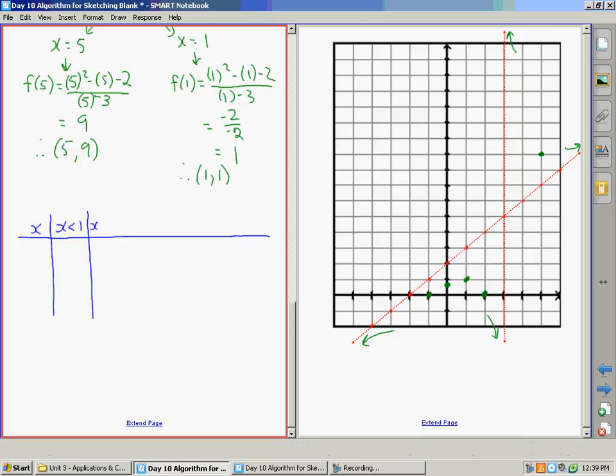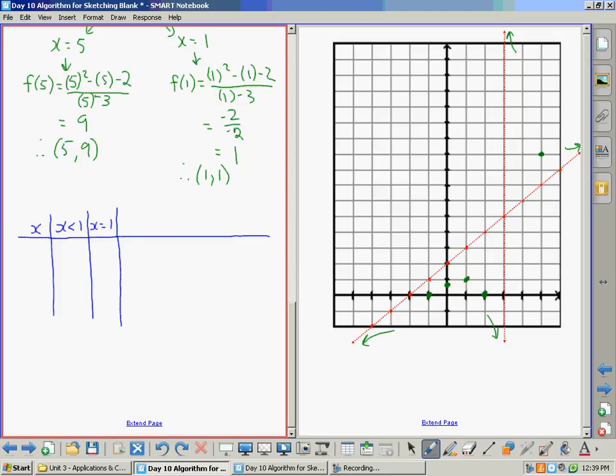And then I actually hit 1. And then I have that spot in the middle that goes from 1, which is the first critical point, to the next critical point at 5. So it's 1 is less than x, which is less than 5. Then I hit my next critical point, which in this case is 5. And then my last interval is the end, which is x greater than 5.